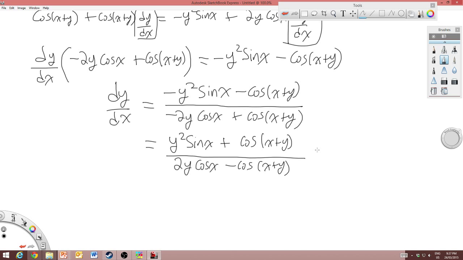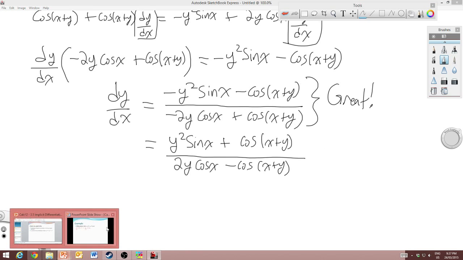Some people would do that, some people might not. If you get to here, that's great, because from here to here is just the multiplication by negative 1, or negative 1 over 1. Okay? Alright.